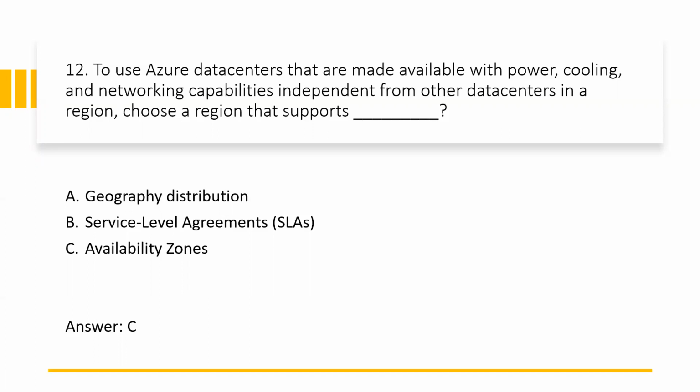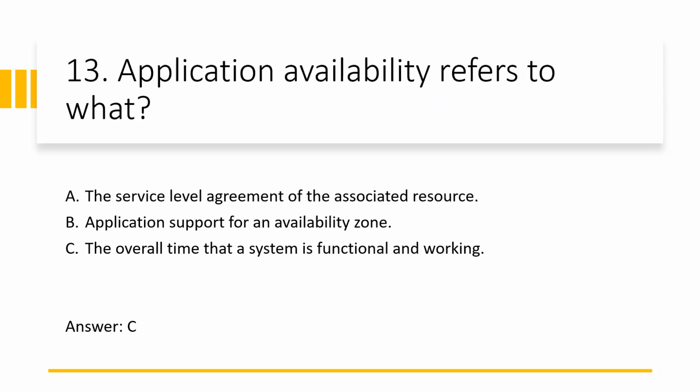So here we can see the clear answer, availability zone. Azure data centers that are made available with power, cooling, networking capabilities independent from other data centers in a region. Each availability zone has one or more data centers. Here is the right answer, availability zones.